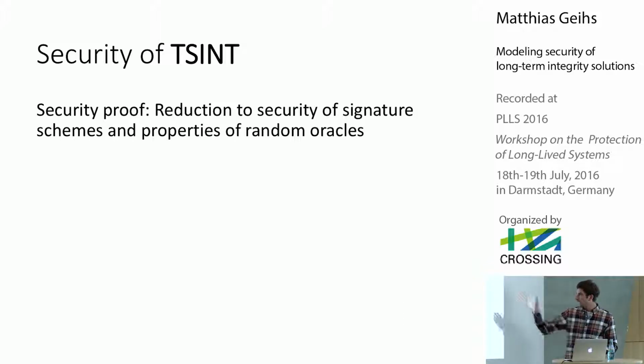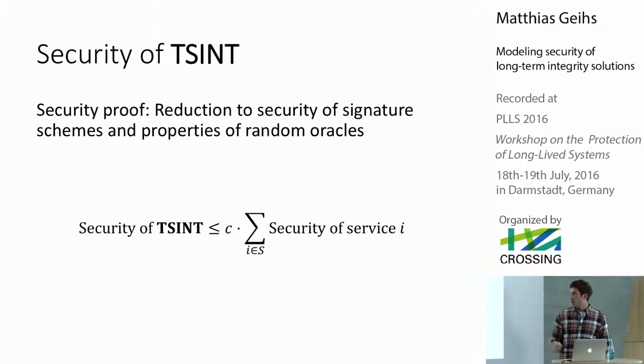What we get is exactly this, as in our definition, where C, the constant, is the number of hash values that we allow to be used in an integrity proof. We can basically count the number of hash values in an integrity proof, and if we bound this number, then C is this number.